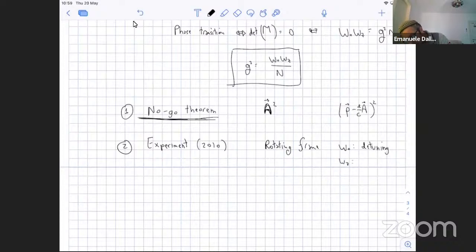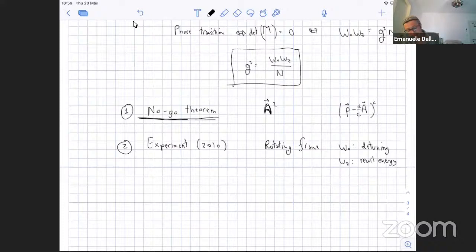And omega z, we're going to discuss it, is going to be related to the recoil energy of the atom. So it's going to be much smaller. Combining these two ingredients, they were able to reach the phase transition.